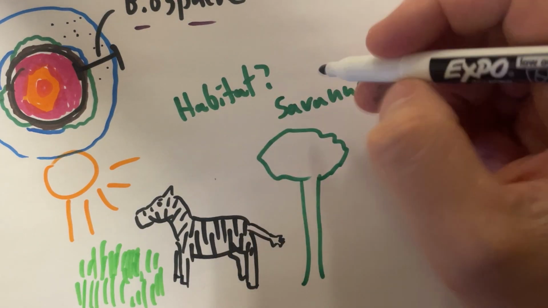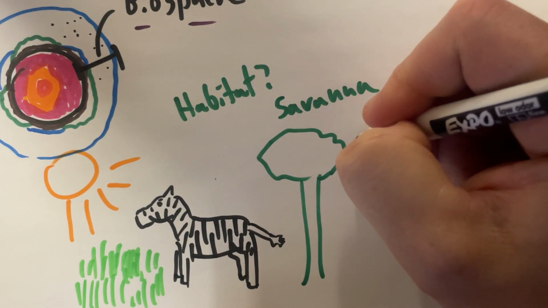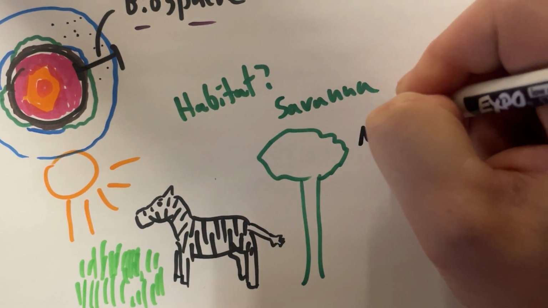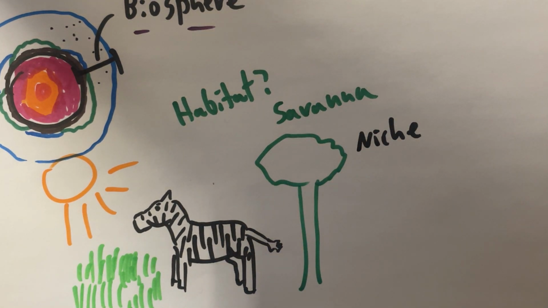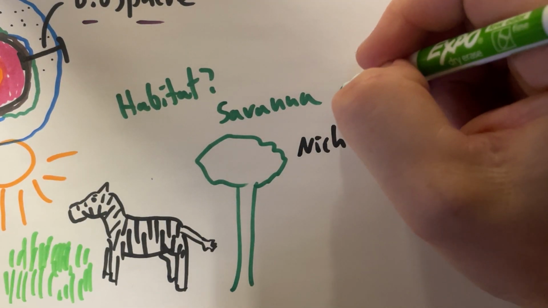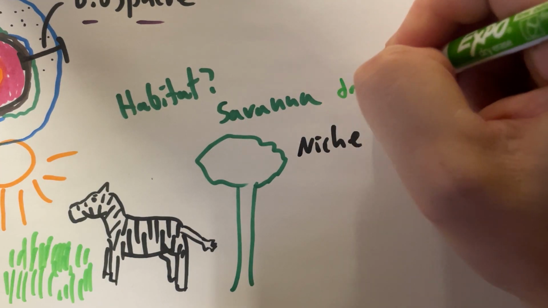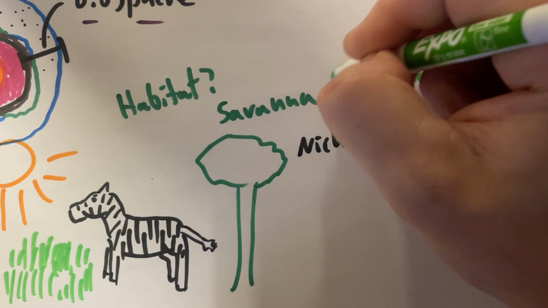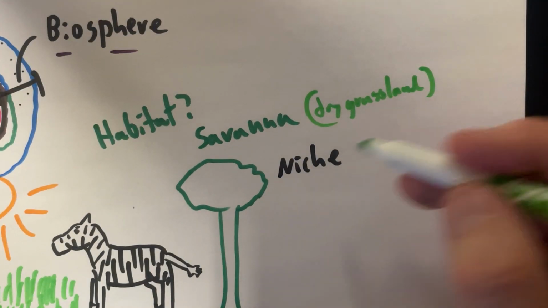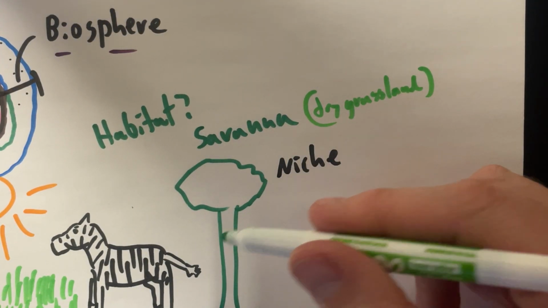And then within that, the zebras fulfill a specific niche. I'm just putting dry grassland there for savanna. But the zebras fill a niche.